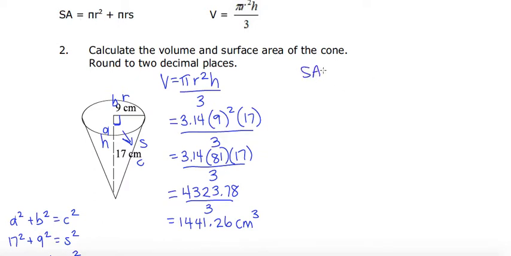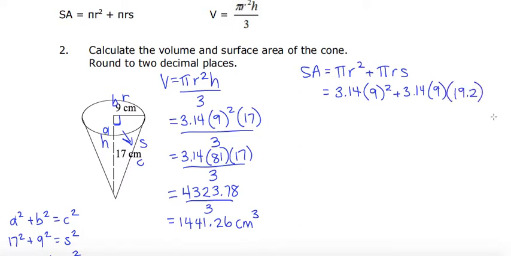So surface area is equal to pi r squared plus pi times r times s. I'm going to use 3.14. My radius is 9, so 9 squared, plus 3.14 again times 9 times my slant height, which was 19.2.